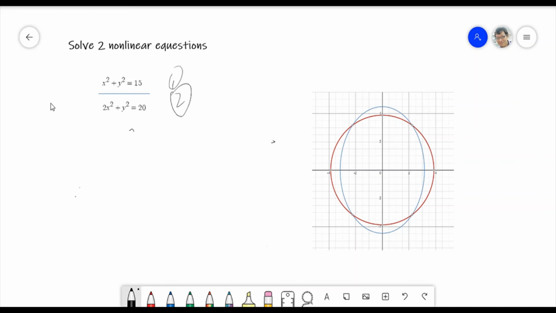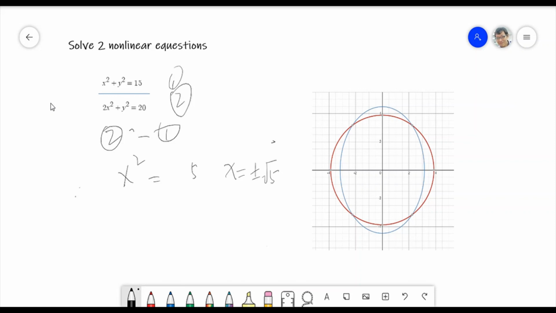We just use equation 2 minus equation 1, so x squared equals 5. So x equals plus or minus the square root of 5. So we already got x.